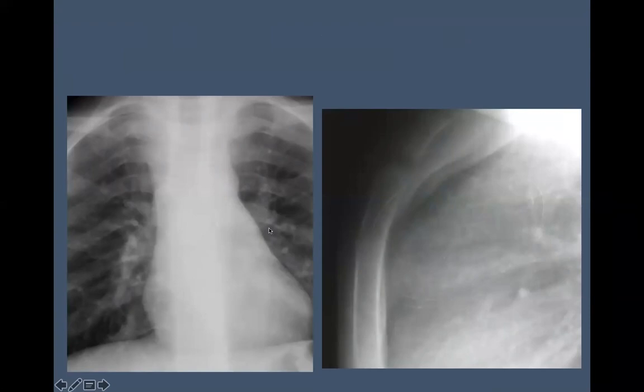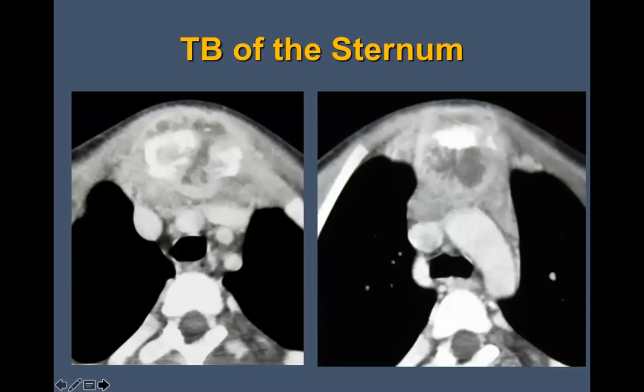Didn't really see much in the way of lymphadenopathy, but on the lateral view, there was some thickening of what looked like the pleural space behind the manubrium in this patient, and a CT scan was performed, and you can see there was actually rather remarkable destruction of the sternum with low density collection involved and some peripheral enhancement. And this actually was shown to be TB of the sternum without any other intrathoracic evidence that we're really dealing with on CT.